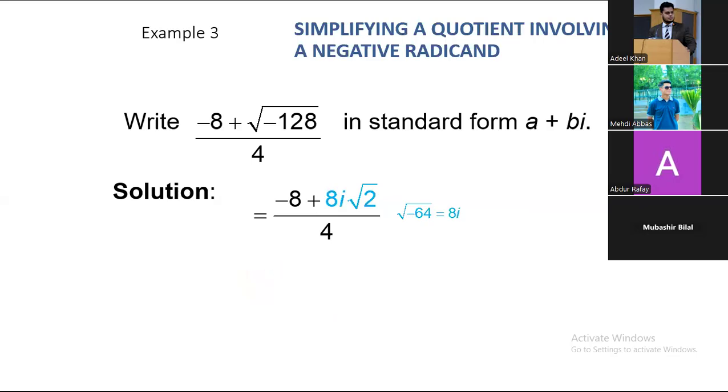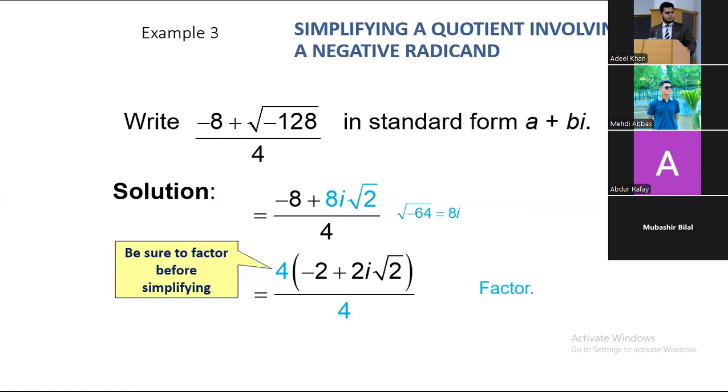We come towards further steps of simplification: -8 plus 8 iota square root of 2 divided by 4, by taking the value of the square root of negative, 8 iota, and be sure to factor before simplifying. We take the common factor of 4 from the numerator, and the 4 in numerator and denominator cancel with each other. The simplification of the answer in lowest terms would be -2 plus 2 iota square root of 2.